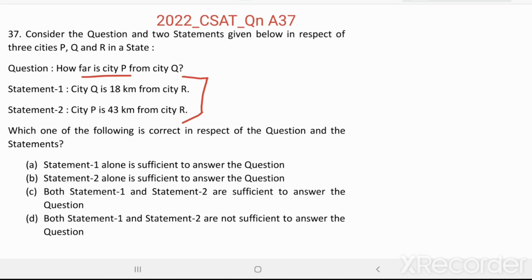Now see the first statement. City Q is 18 km from city R. The distance between city Q and R is 18 km. So from statement 1, we can't find the distance between city P and Q. Therefore, statement 1 alone is not sufficient to answer the question. We can eliminate this option.